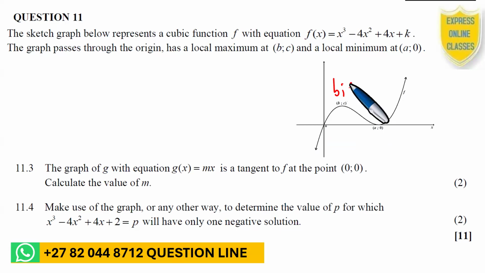This one is B and C. This one is A and 0, this point. This one is f. The graph of g with equation g of x equals mx is a tangent to f at the origin (0, 0). Calculate the value of m.